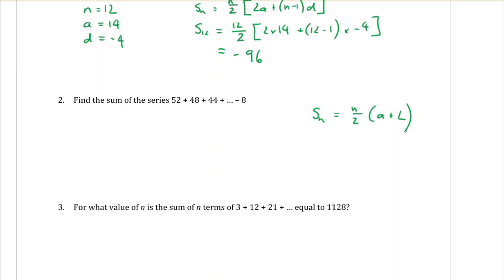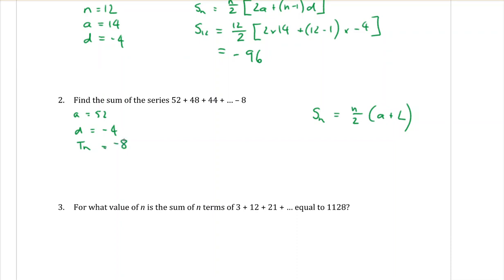The problem with using that formula is, even though I have the first term and the last term, what am I missing? The n. Okay, so we've got a is 52. We've got d is, what's d? Negative 4. Okay. And I know a term, the T of n, is negative 8.